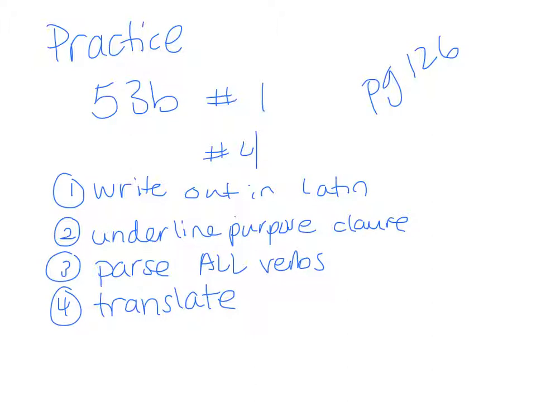And as you're doing these, what you need to do is write it out in Latin, underline the purpose clause, parse all verbs, so the main verbs and the subordinate verbs, and then translate the sentence. Do your best. If you get stuck, that's fine. That's why it's practice. Come in and ask questions tomorrow. But try to do your best to translate the entire sentence.